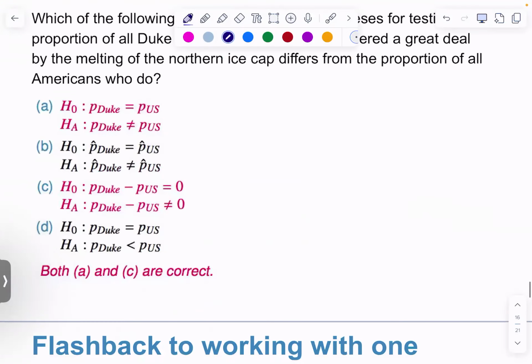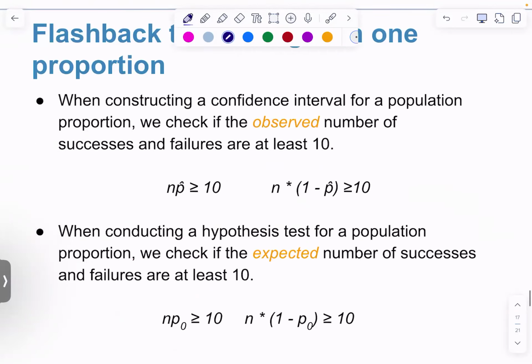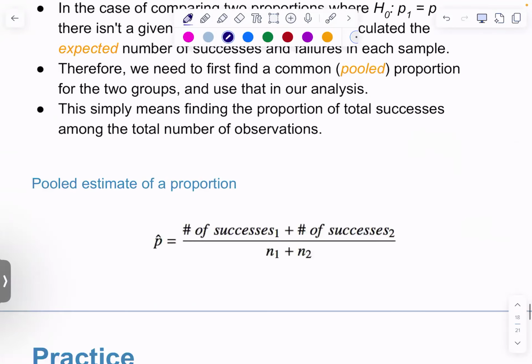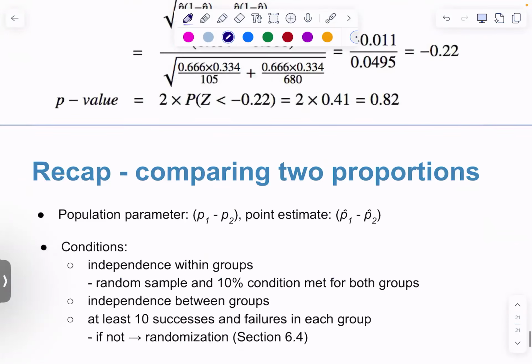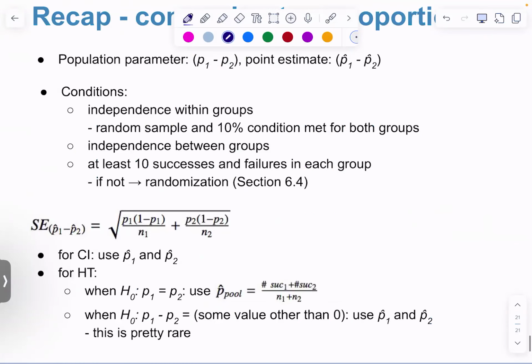Hypothesis test, assumptions, pooled proportions, and a recap of the assumptions. You did it.